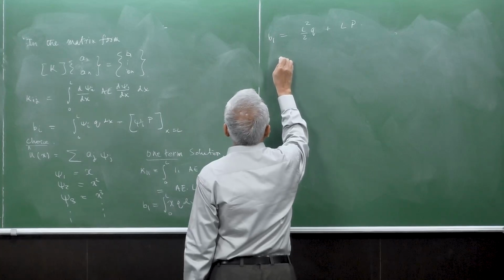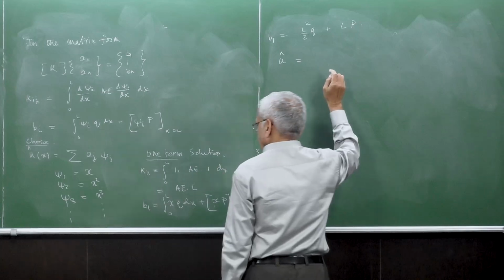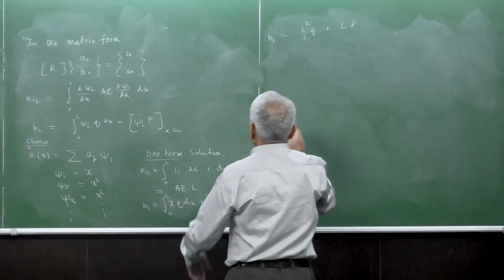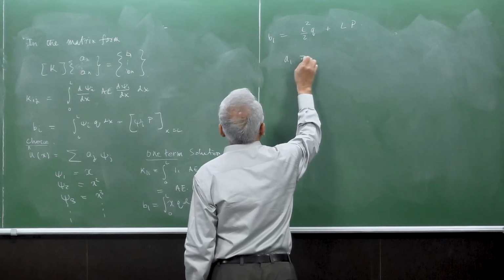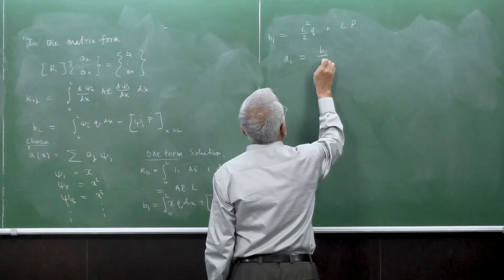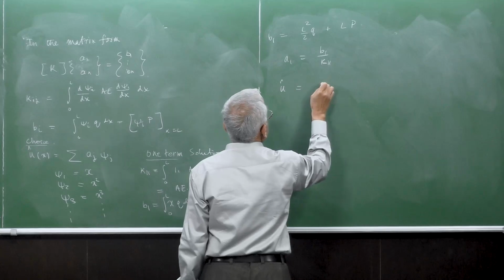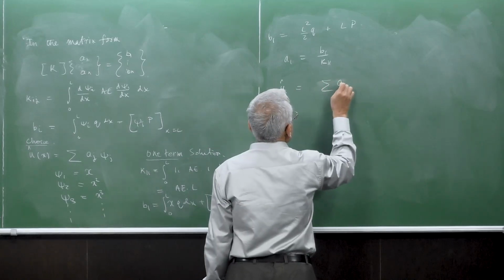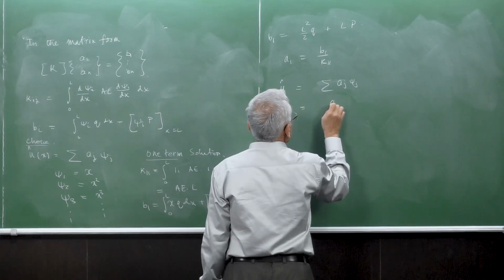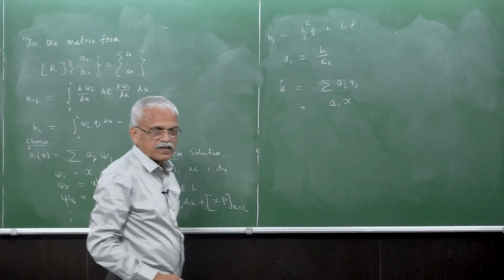So that means that this u hat is simply, what is that? Simply B1. In fact, here, if you want to calculate A1, it is nothing but B1 by K11, and u hat is simply, taking 1, we take A1 times x, where A1 is given above.